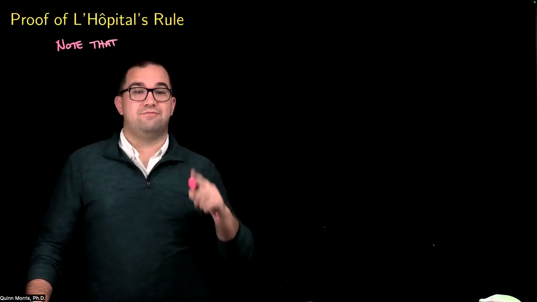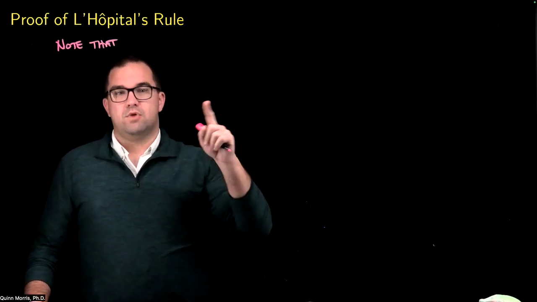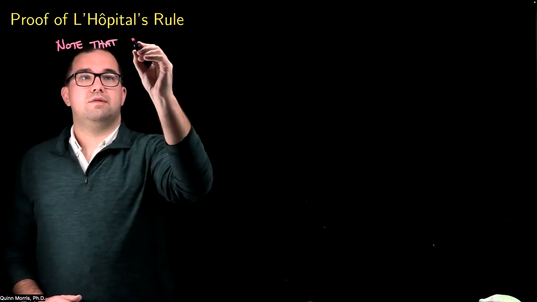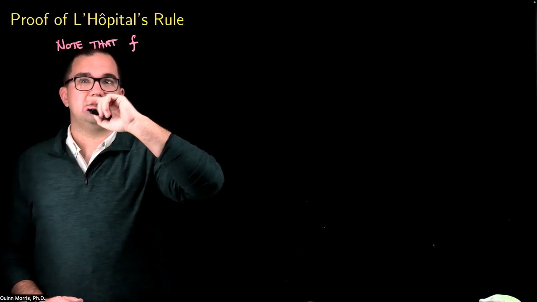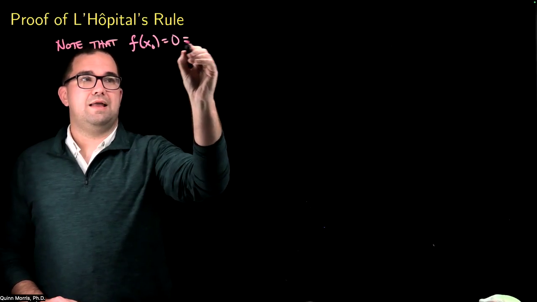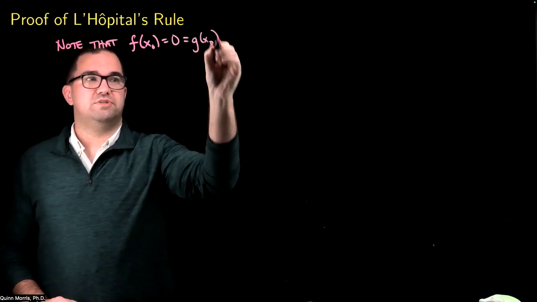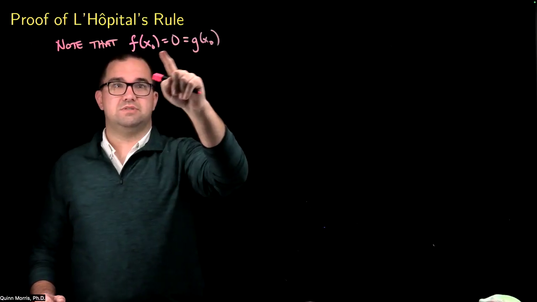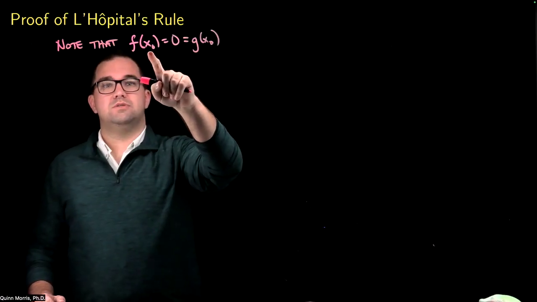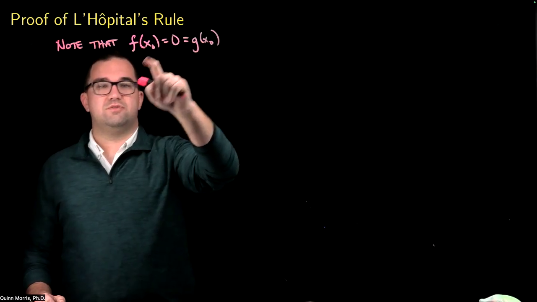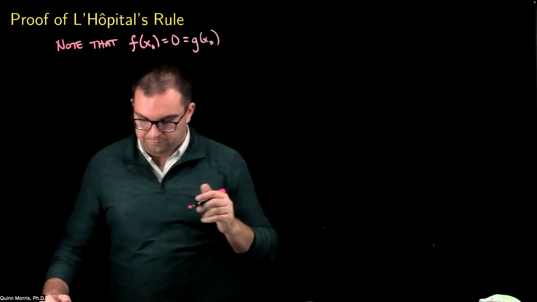We also assumed that f and g were continuous on the whole interval AB, but in particular at x naught. So a consequence of those two things is that f of x naught and g of x naught are both 0 because they're continuous at x naught. Since the limit at x naught is 0 and the function is continuous, the function values must also be 0.